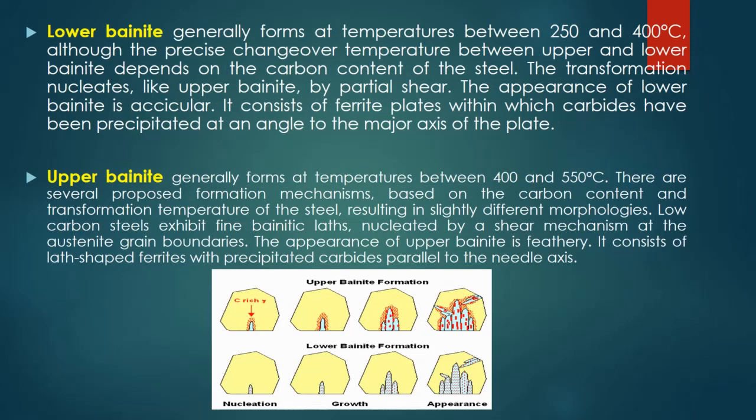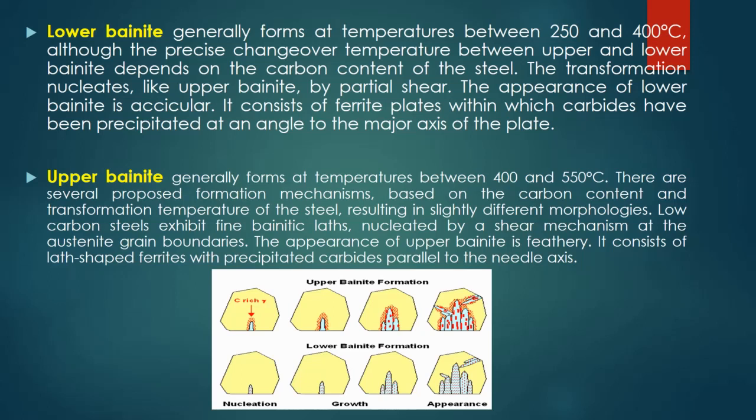Let us now differentiate between the lower bainite and upper bainite. The appearance of lower bainite is acicular. It consists of ferrite plates within which carbides have been precipitated at an angle to the major axis.